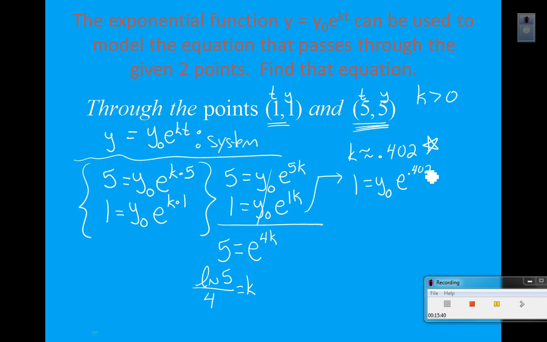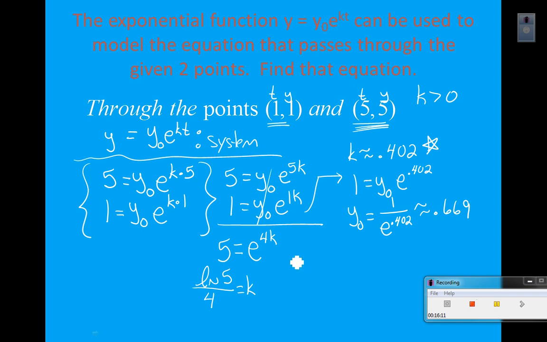Now we just have to figure out how to get y sub 0 by itself. So to get y sub 0 by itself, I'm going to have to divide by e to the 0.402. So y sub 0 is going to be 1 divided by e to the 0.402. And when I did that, I had y sub 0 to be approximately 0.669.